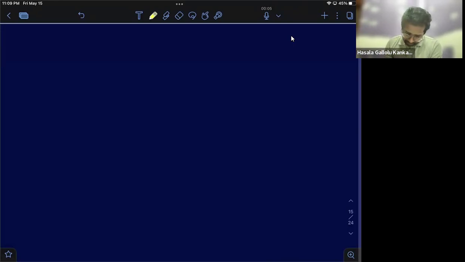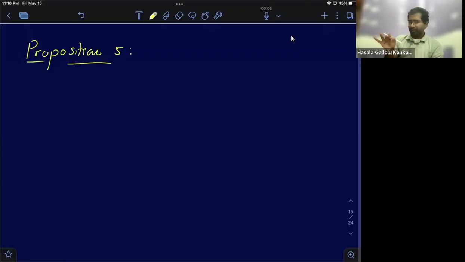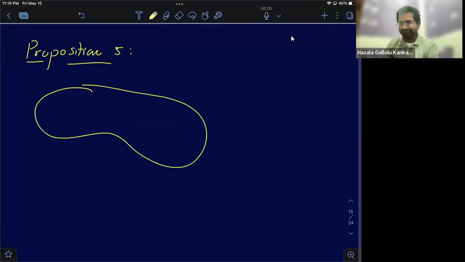So I'm going to add one more proposition on top of this. Now this is proposition number 5. The reason behind this proposition is, before writing, let's try to have some intuition.